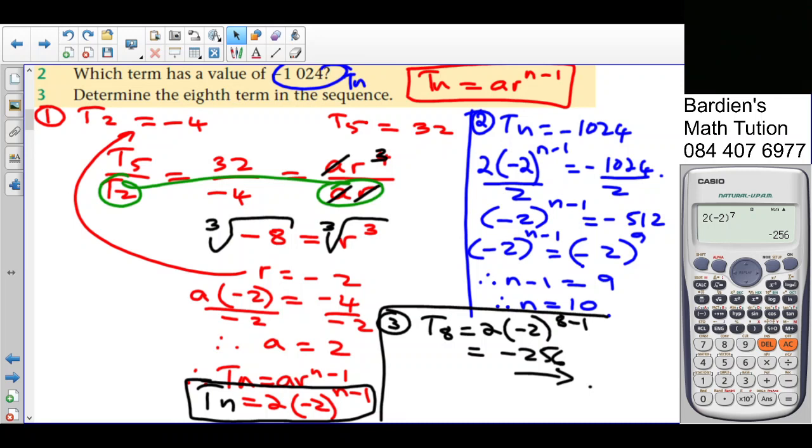Here we are told the second term in a geometric sequence is negative 4. So what do you think we're going to write here? T2 equals negative 4. So write that down. And the fifth term is 32. So what do you write there? T5 is going to be 32. So write that.